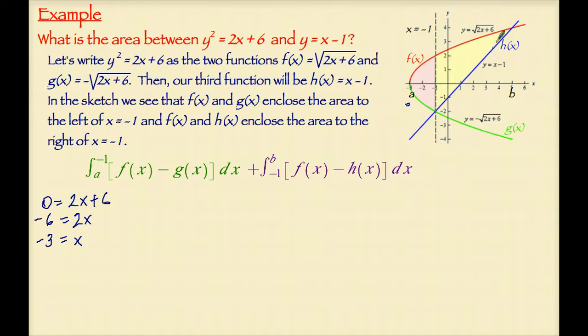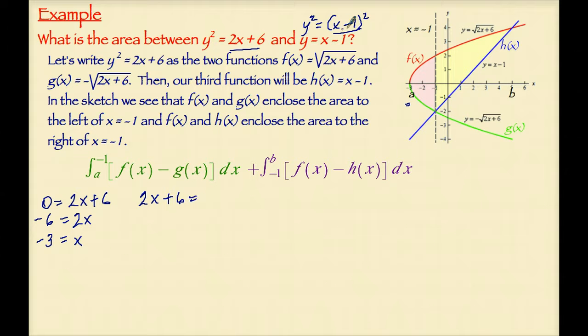Now we can find the point of intersection between the two curves by setting them equal to each other. This will be easiest to do if we square this function. y squared is equal to x minus 1 quantity squared. Now we can say that x minus 1 quantity squared is equal to 2x plus 6.